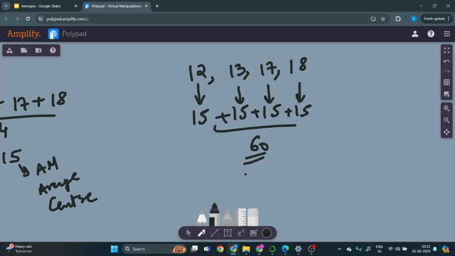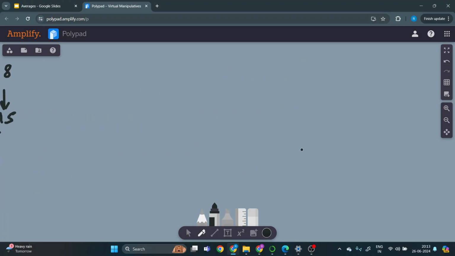Okay, now let's come to the visualization part. Suppose there are four numbers, which are 12, 13, 17, 18. Now visualize it a bit.